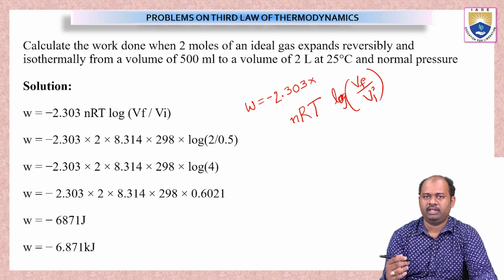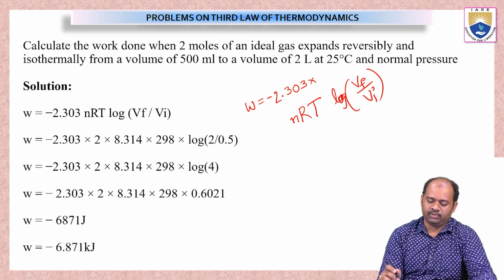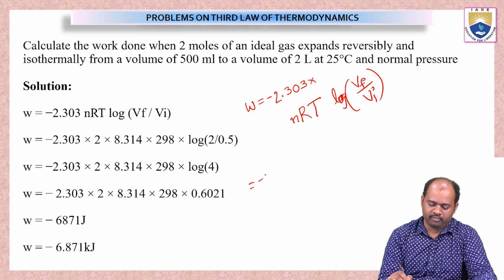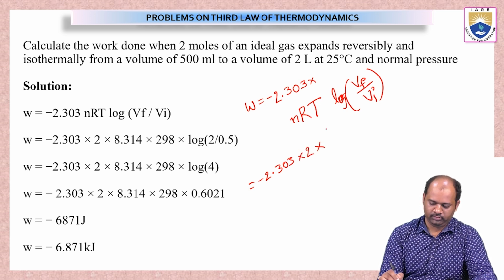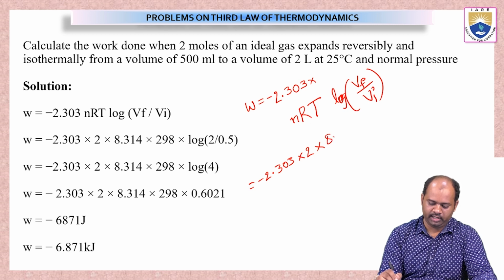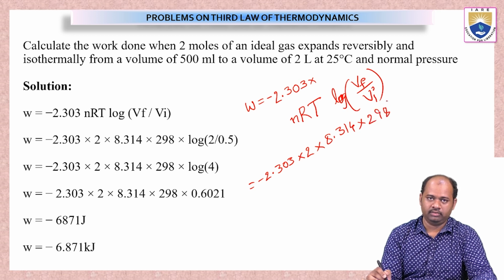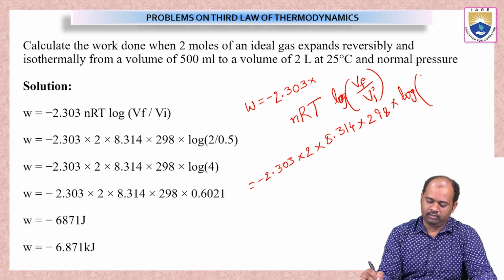Now using this formula we can simply calculate because we know all the values. So here, minus 2.303 multiplied by the number of moles, which is 2, and the universal gas constant, which is 8.314, and the temperature, which is 298 Kelvin, as given in the question, multiplied by the logarithm to the base 10 of the final volume divided by the initial volume. The final volume is 2 liters and the initial volume is 0.5.